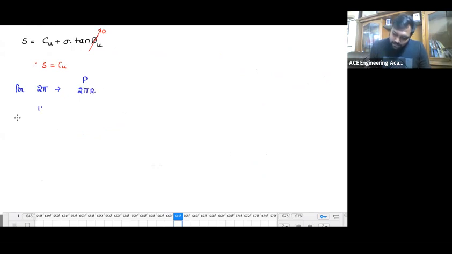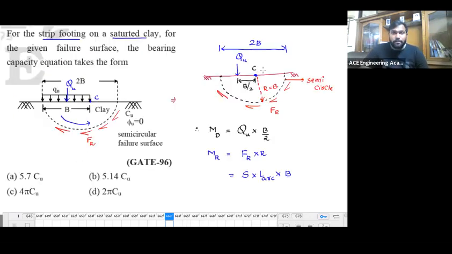For pi, which is nothing but a semicircle, what is the perimeter? Pi r. So the length of arc is nothing but pi r. Yes or no? And what is that r in the given question? In the given question, the r is nothing but B.